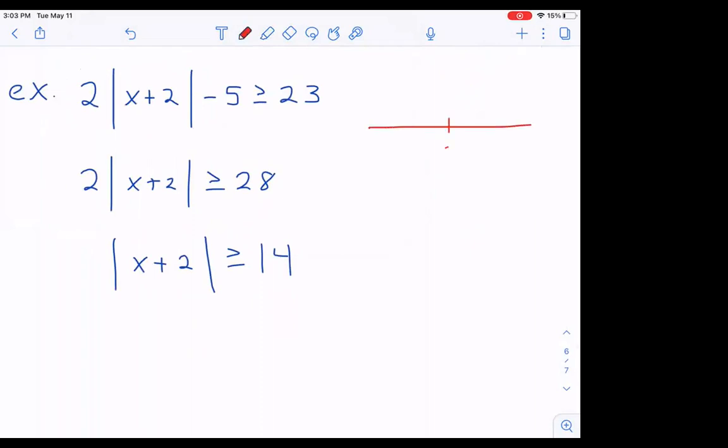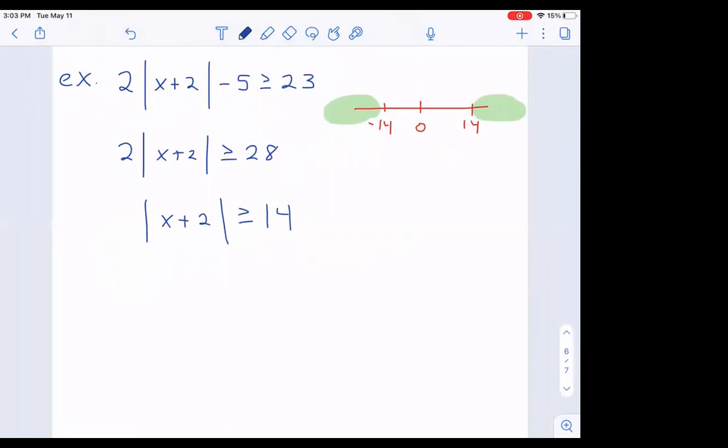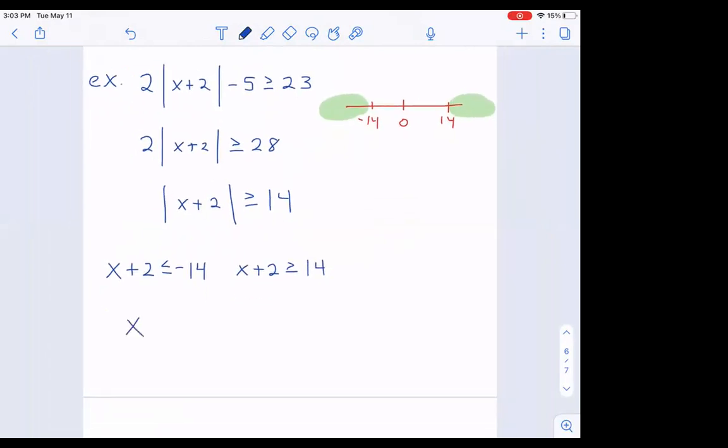On a number line, this is 14 to the right, this is 14 to the left. We want this thing to be over there, less than negative 14, or over there, greater than positive 14. Those are going to be our two equations: x plus 2 is less than or equal to negative 14, and x plus 2 is greater than or equal to positive 14.